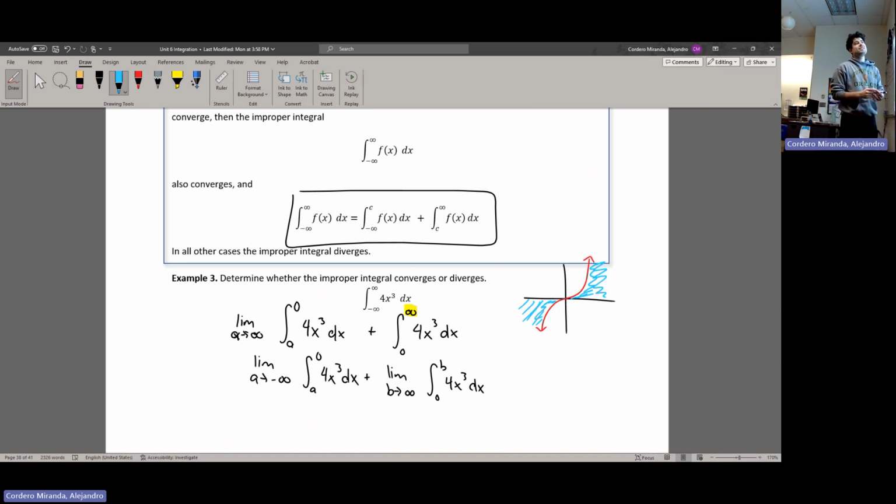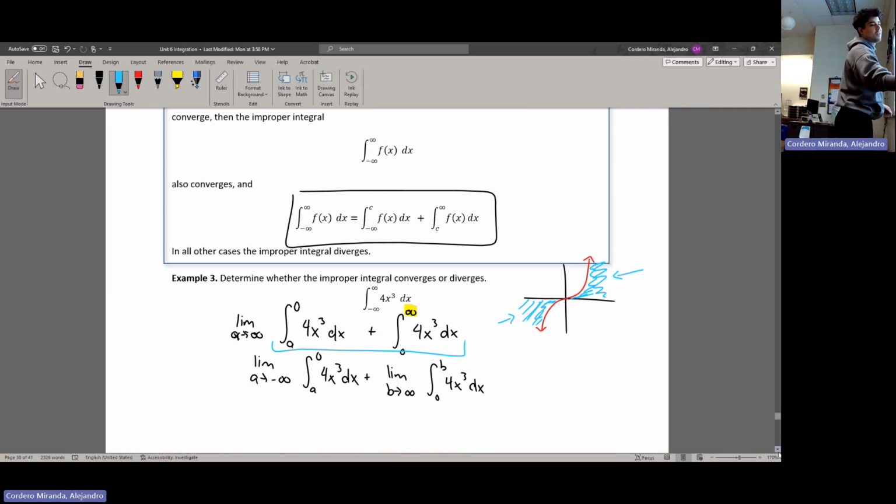And so you might think that this area is going to add up to 0 since it's symmetrical, and this negative area here might cancel this positive area here. But what the rule actually says is that both of these parts have to converge. Otherwise, as long as one of the integrals diverges, we say the whole thing diverges, which is what's going to happen here.